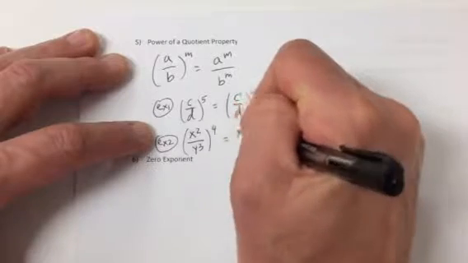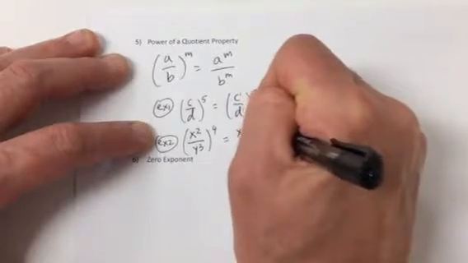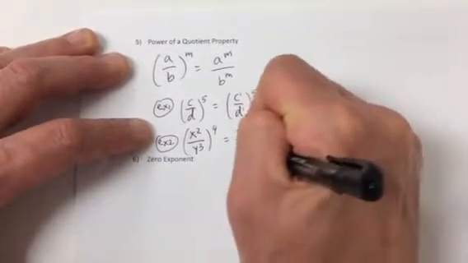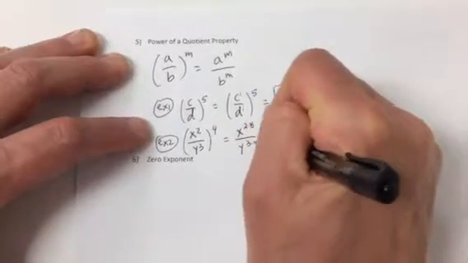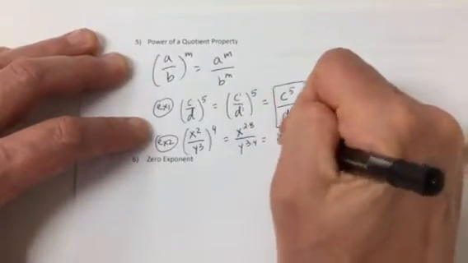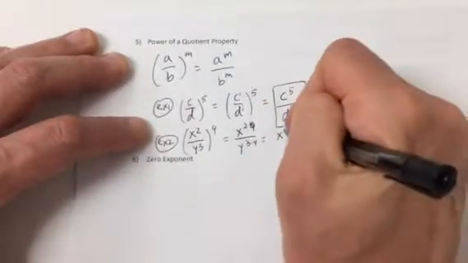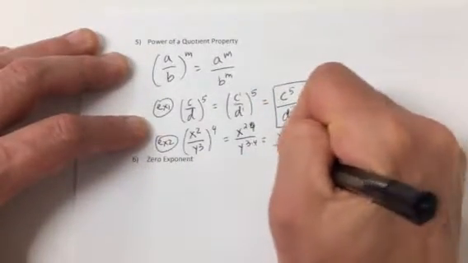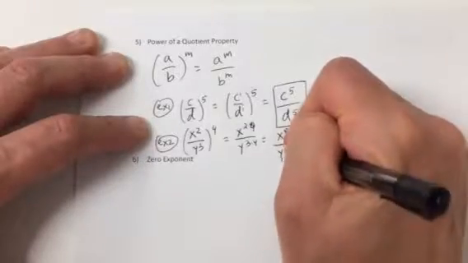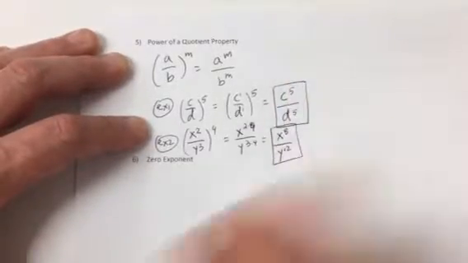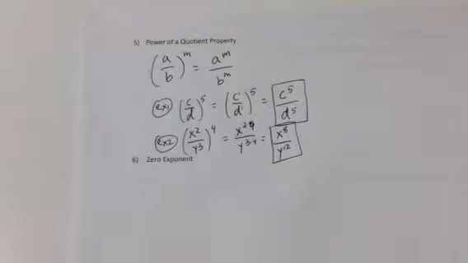So this becomes x to the 2 times 4 over y to the 3 times 4, or more simply put, x to the, whoops, that should be a 4, not an 8, x to the 8th over y to the 12th. There we go. So again, it goes to everything inside the parentheses.